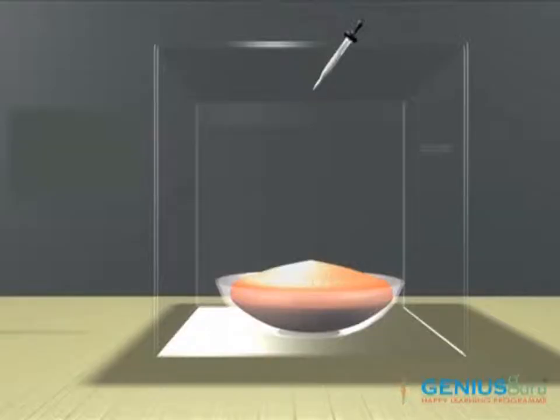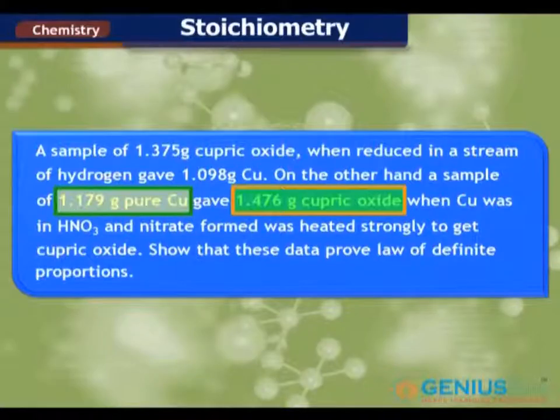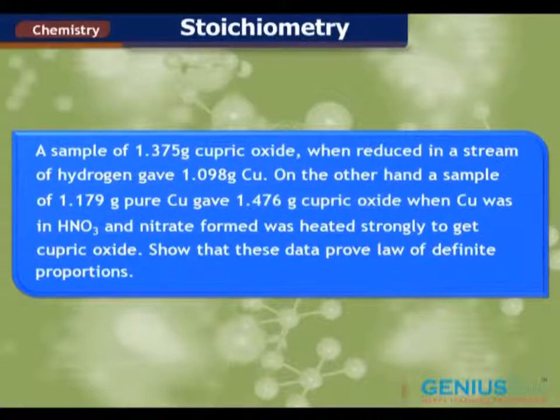We have initially taken the copper, that is 1.179 grams, and we are obtaining 1.476 grams of cupric oxide. So the reactants and products are reversed in the second experiment. Now our aim is to show whether these data satisfy the law of definite proportions or not.